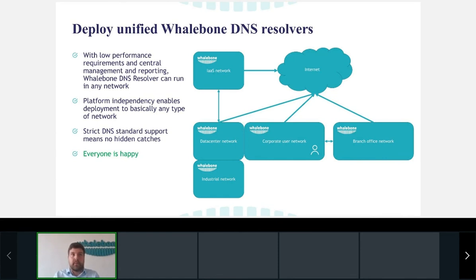So, for example, for the industrial network, we may choose the whitelist approach to only allow particular domains to be resolved, unlike the user network, where you would probably want to allow most of the internet traffic, filtering out only the security threats and part of the unwanted content, such as crypto miners and adult content possibly, etc. So you can distribute all those DNS resolvers across the infrastructure and manage it from a single platform, and be sure that everything will work as it works today.